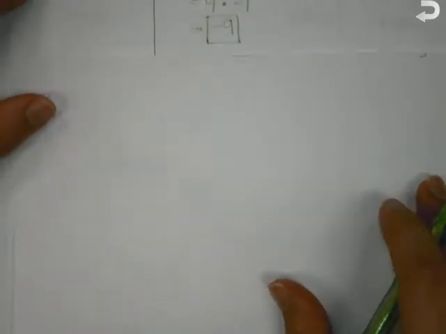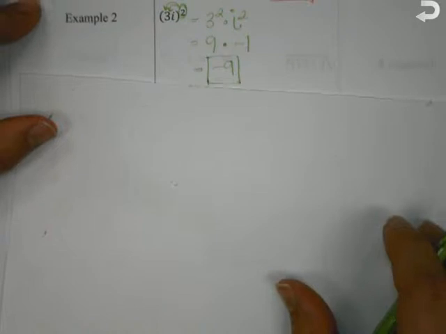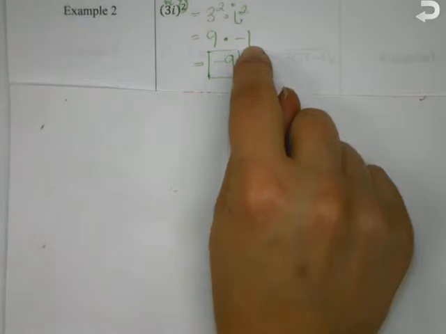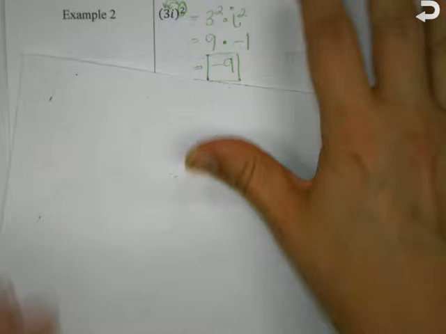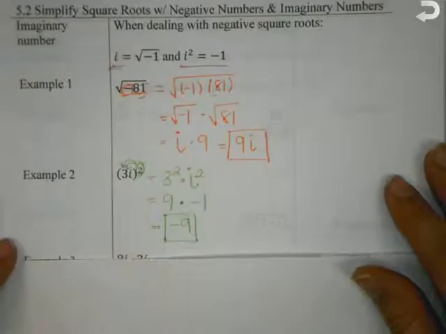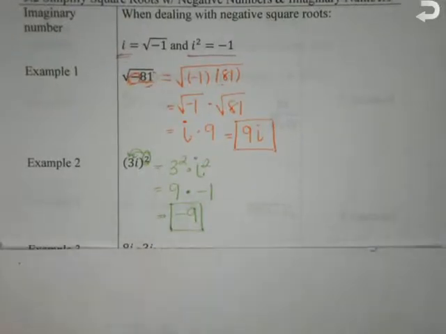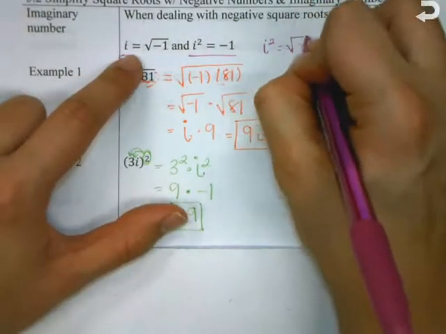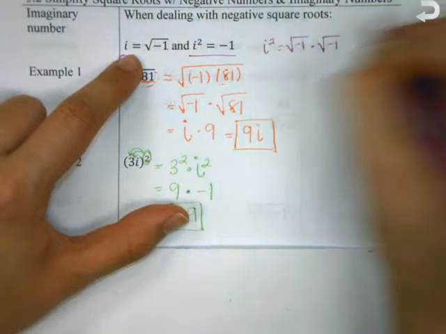Okay? So i squared is actually really, really nice. Whenever we get an i squared, we automatically just change it to a -1. The reason why i squared is -1 is because i squared is equal to the square root of -1 times the square root of -1, right? That's i times i. And remember what I told you?